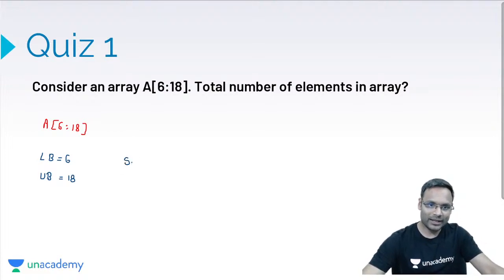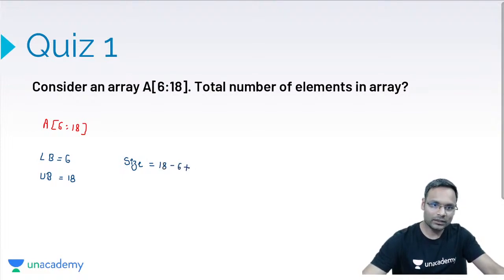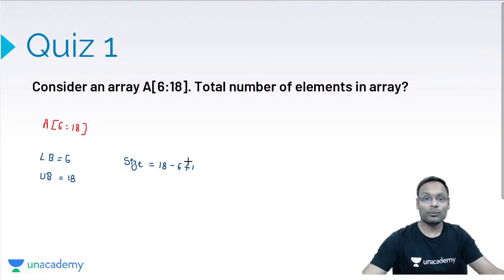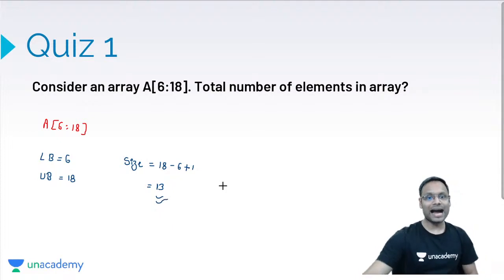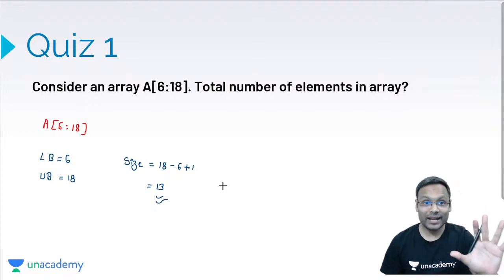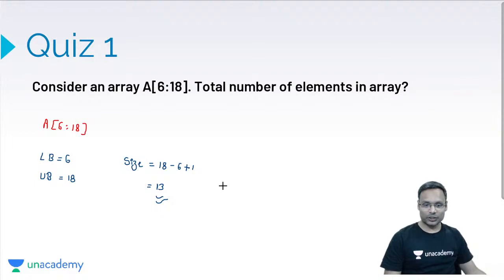Size you calculate by a simple formula. Formula is 18 minus 6 plus 1. How? Upper bound minus lower bound plus 1. Upper bound 18 minus 6, 12, plus 1, 13. Correct answer is 13. Got it? समझ में आया? चलिए, another question.